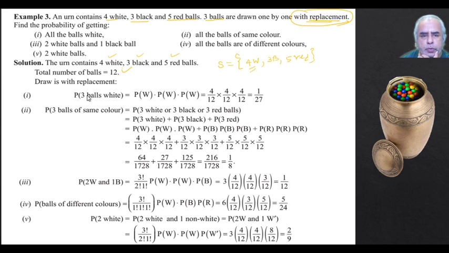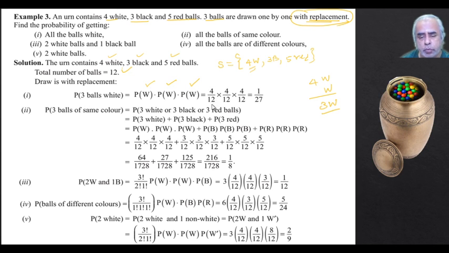Therefore, the probability of 3 balls white: I have taken one white, so the remaining is 3 white. So I have to consider the probability of white times probability of white times probability of white.